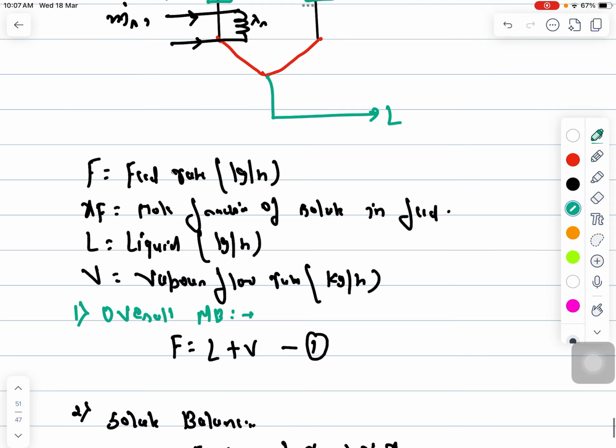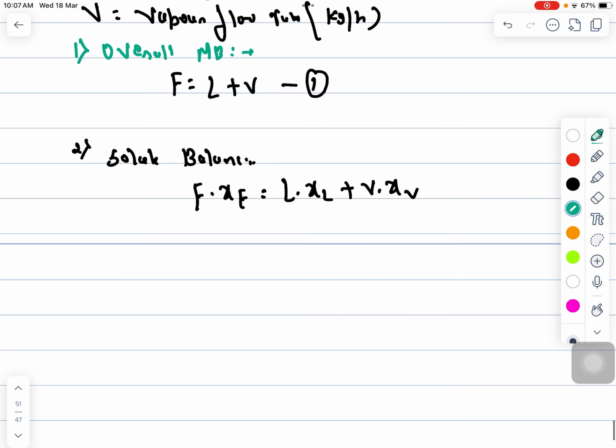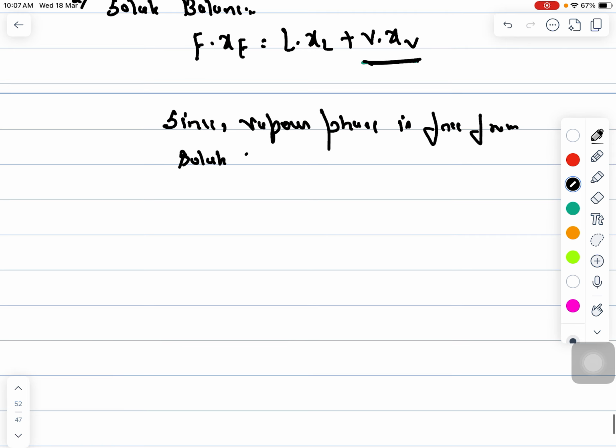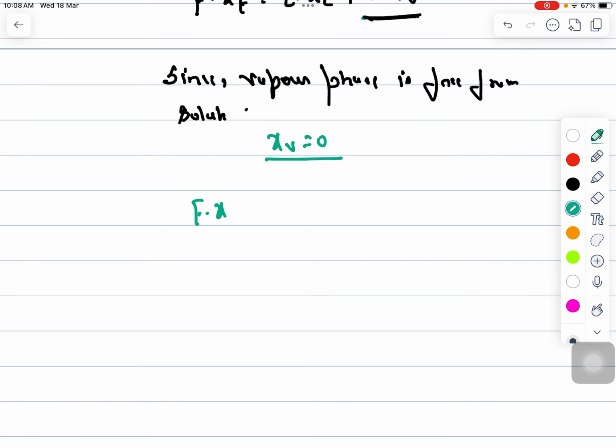Since the vapor phase is free from solute, because only water will get evaporated, xV will be equal to 0. In that condition you get F into xF equals L into xL. This will be the second equation. This is how you perform the material balance for the single effect evaporator.